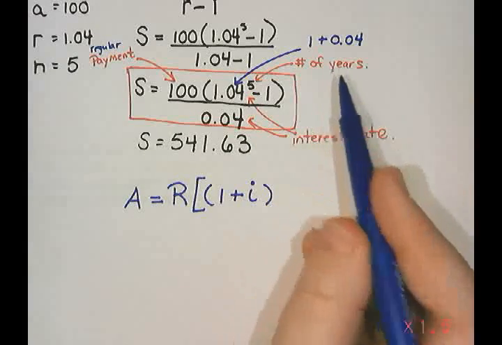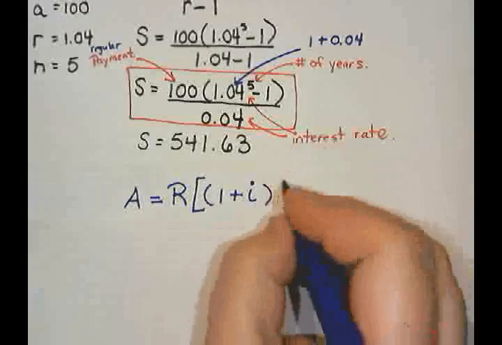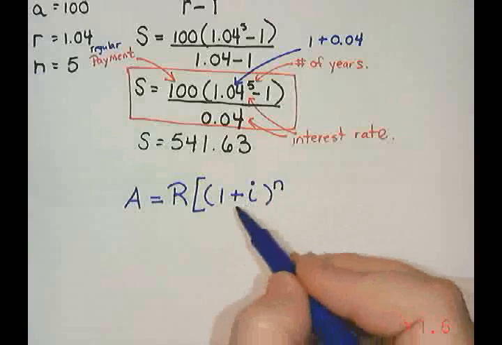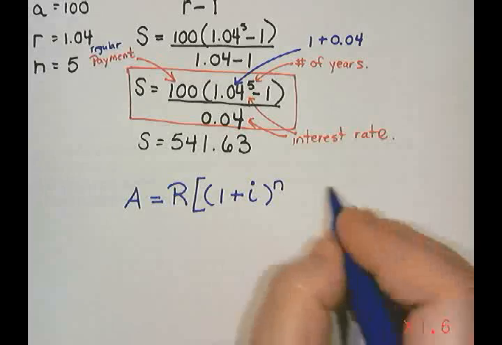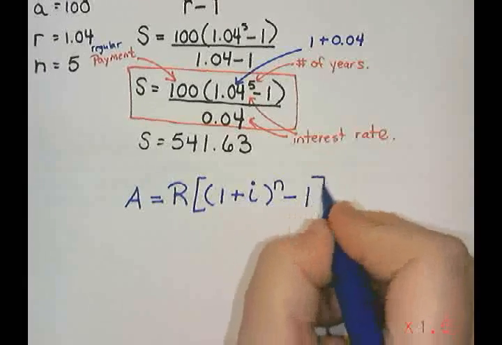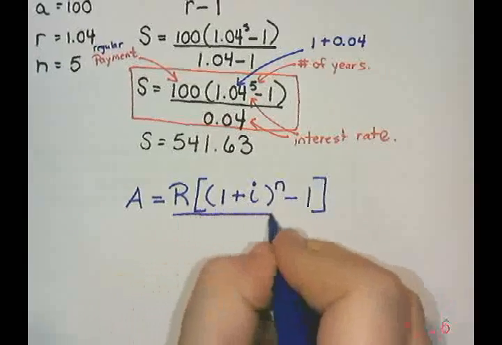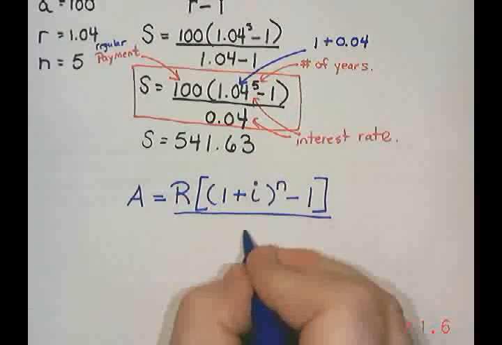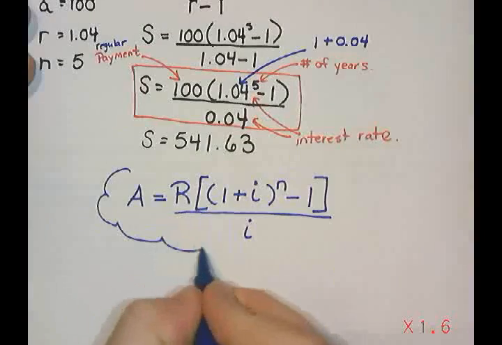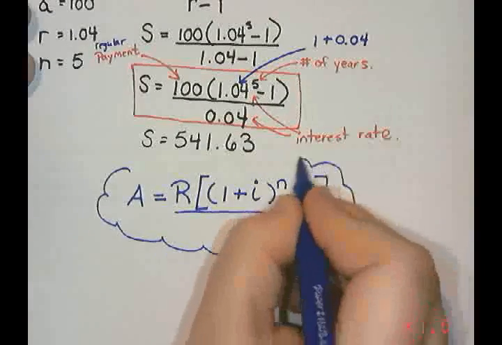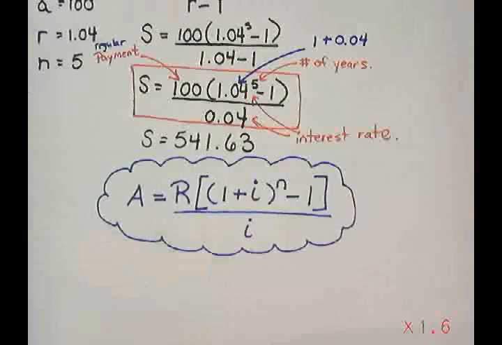We said that was the number of years. We used the letter N to represent the number of years. I and N are actually from our formula on compound interest and simple interest. And then take away 1, divided by, and that 0.04 once again is our interest rate. So this is going to be our formula for calculating the final amount of an annuity.